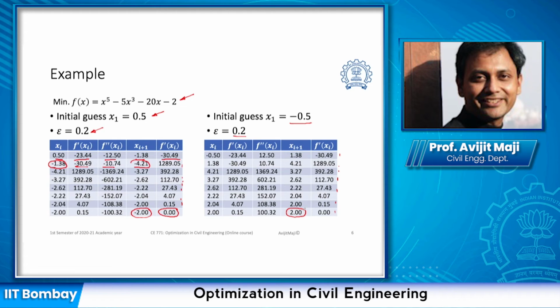It is positive 2, earlier it was negative 2. So it is quite interesting. How can we get two different values for this given objective function? For this we need to explore the graphical representation of the function.